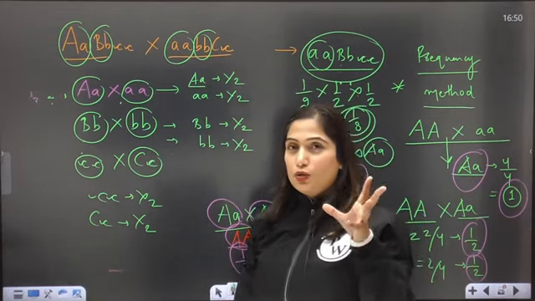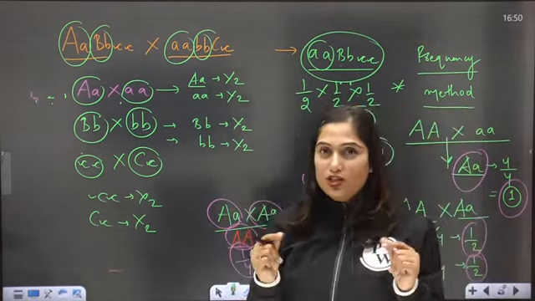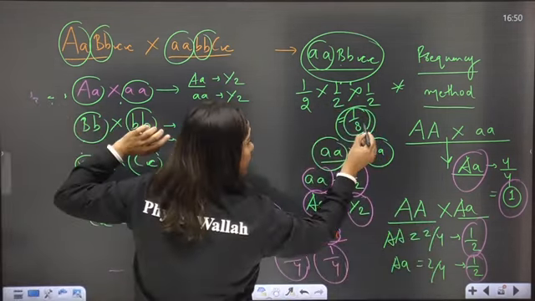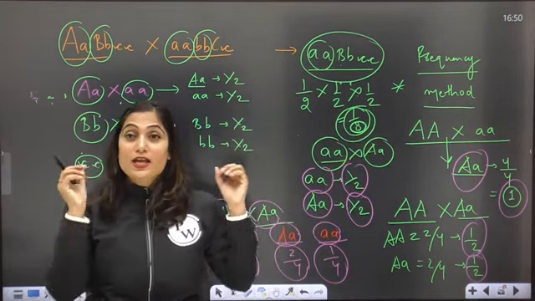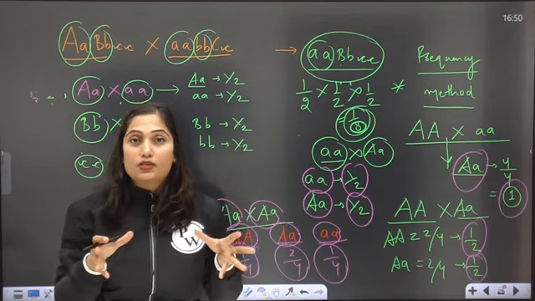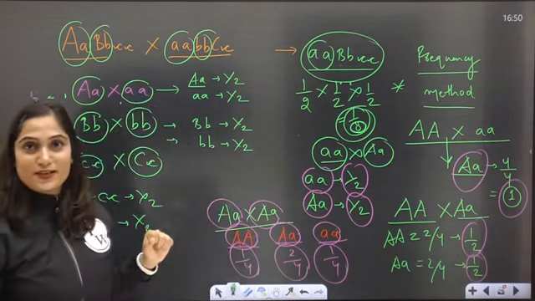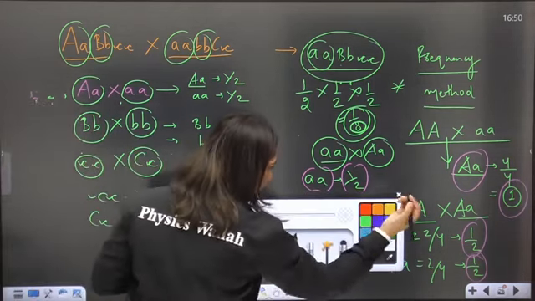And if you want to know whether you are putting these frequencies right or wrong, then you can check it. How? The denominator which is coming over here, beta, is by default the number of zygotic combinations you will get by crossing these two parents. Okay, let's see, are we right or are we wrong?